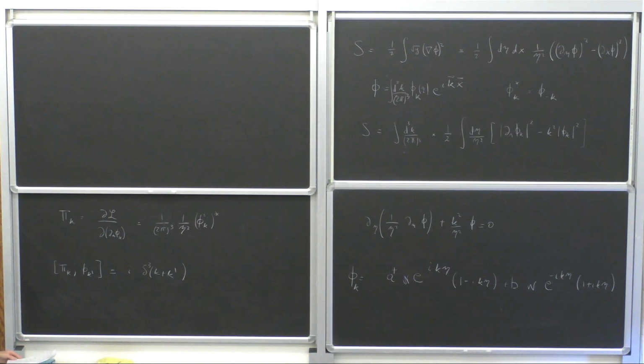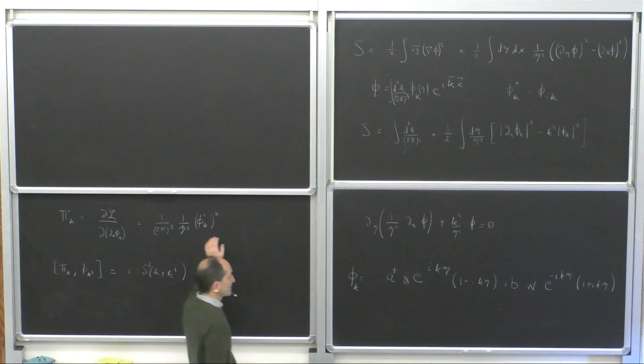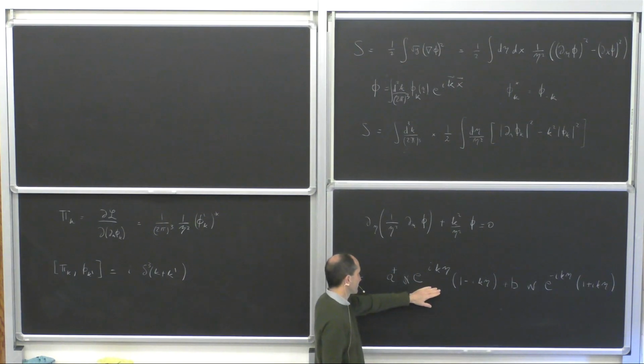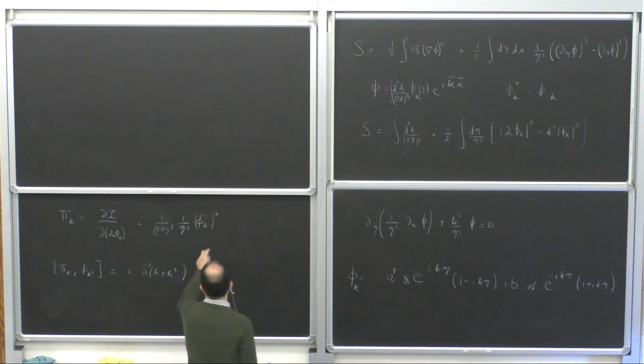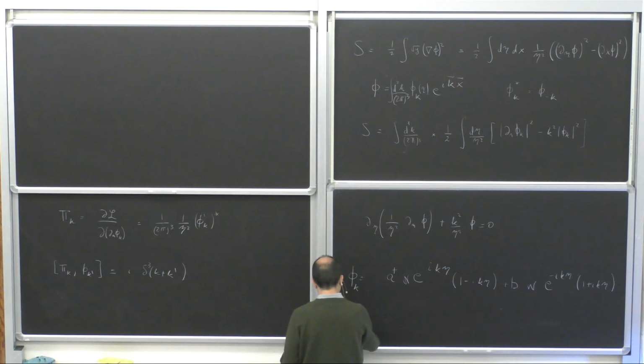And now we're going to simply insert the expressions for phi k and pi. So this was phi. So we have a similar expression for this phi prime. So we just simply have to compute here phi prime k, complex conjugate.